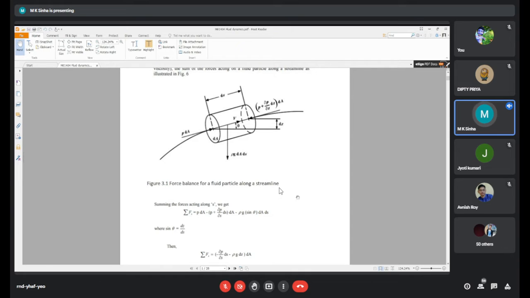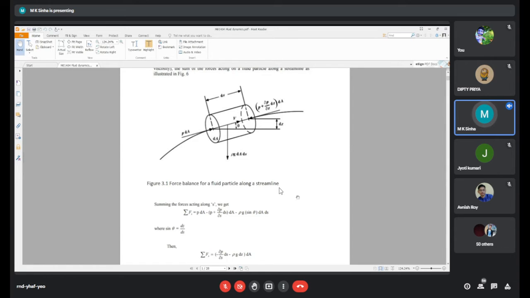Here the streamline is inclined to the horizontal by theta, as mentioned in the figure with respect to the horizontal line, and v is the velocity along the streamline.